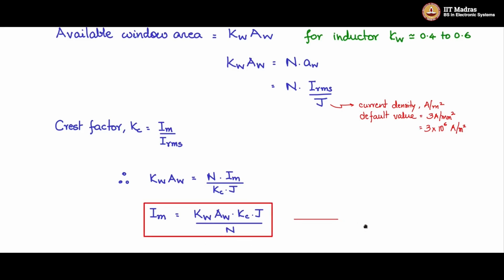So this is a nice relationship. We'll mark it as 1. The max current through the inductor is expressed in terms of the number of turns, the window area, the window factor, and the current density J.